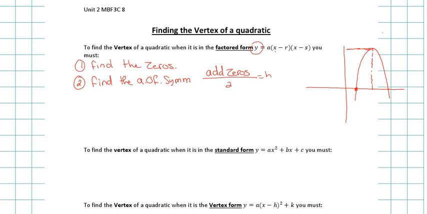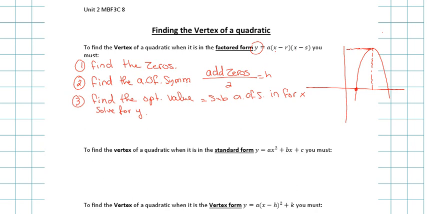Okay? So that will be the k value of the vertex. And you can just state your vertex as the h, k.